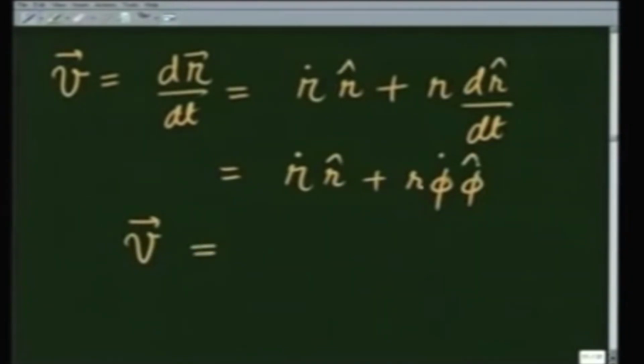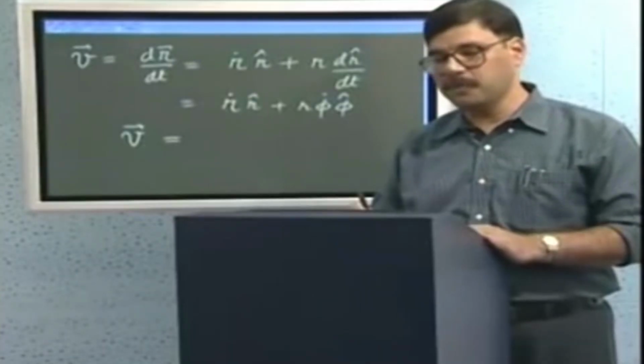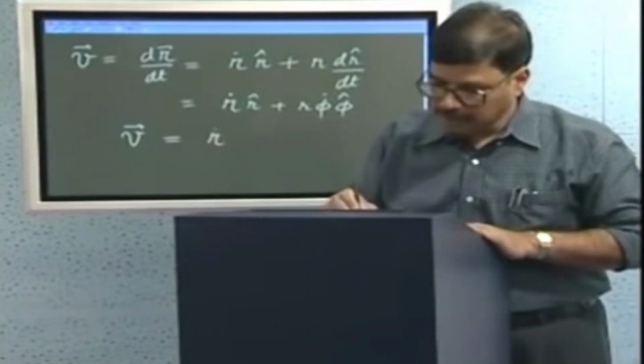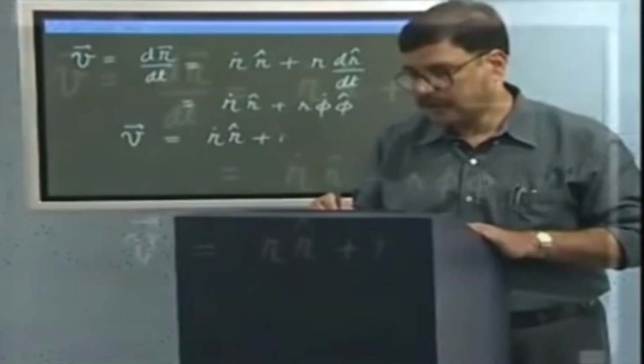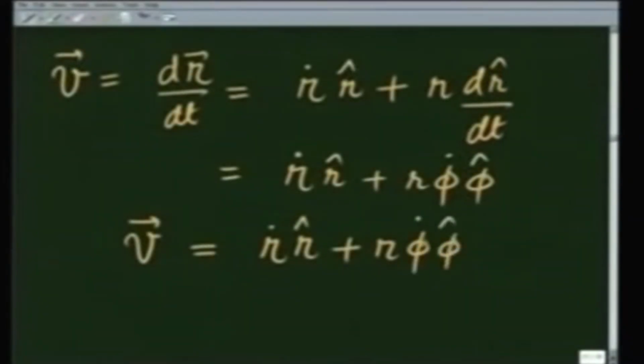So, if we write the velocity v as dr by dt, this is equal to r dot r plus r d r unit vector by dt, which is going to be equal to r dot r plus r phi dot phi unit vector. So, the velocity of a particle in planar polar coordinates, I want to remind you again, we are talking about motion in a plane, is equal to r dot r unit vector plus r phi dot phi unit vector.